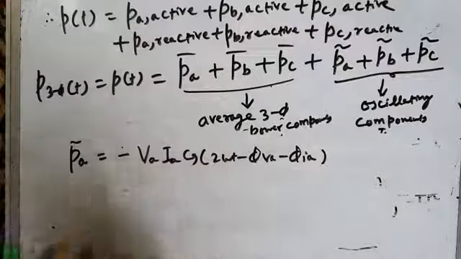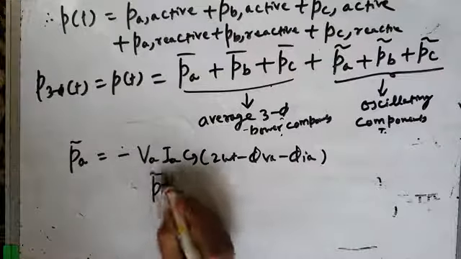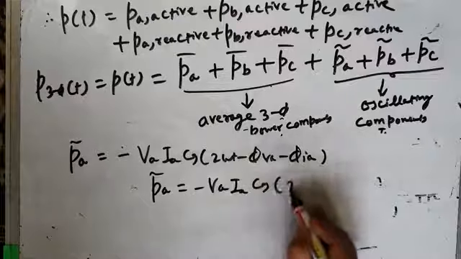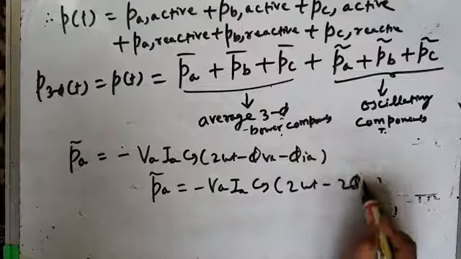If you write PA from this equation, minus VAIA cos of 2 omega t minus 2 phi VA.